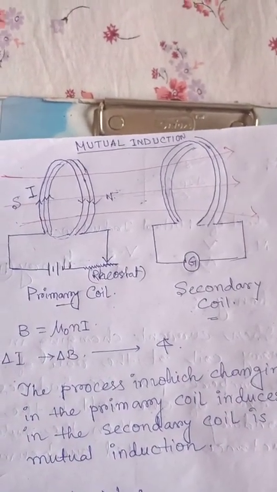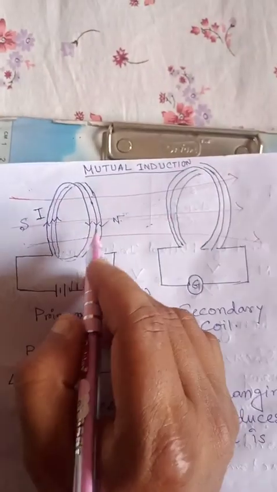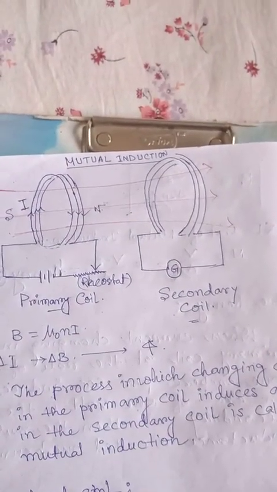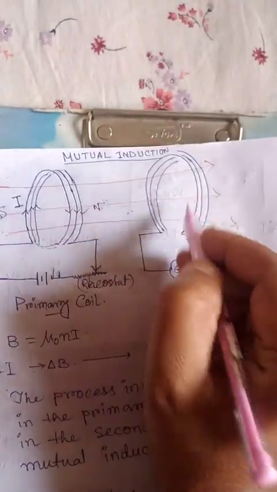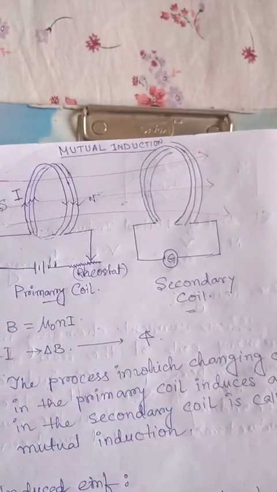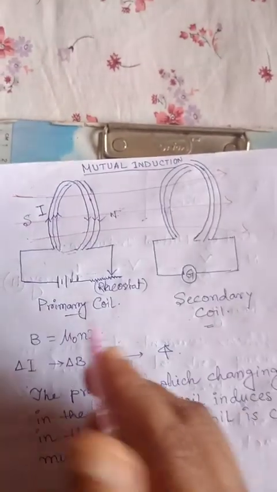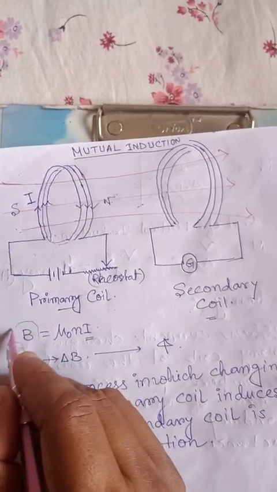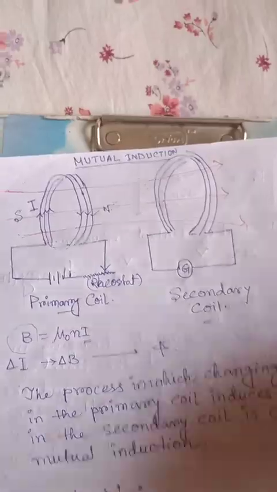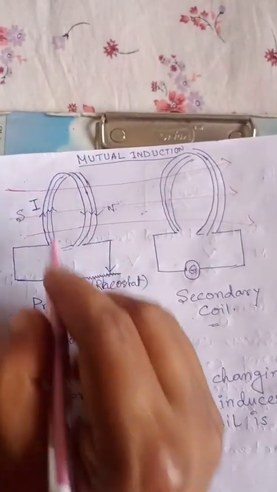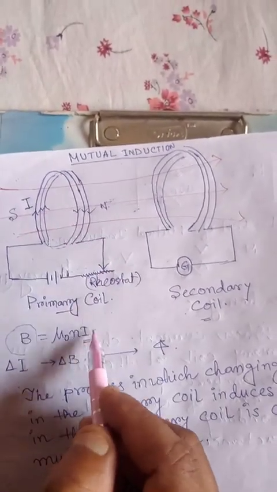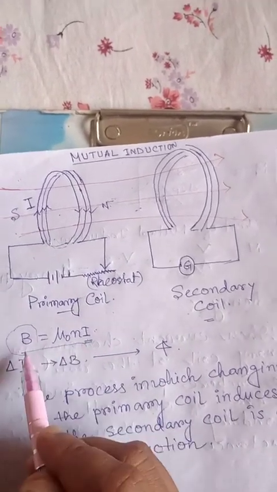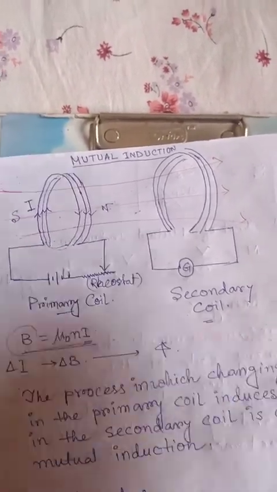As current changes, the number of field lines per unit length also changes, so the magnetic flux also changes. So we can say that there will be some induced EMF. If current flows through this primary coil, it creates a magnetic field, using the solenoid formula B equals mu 0 N i.